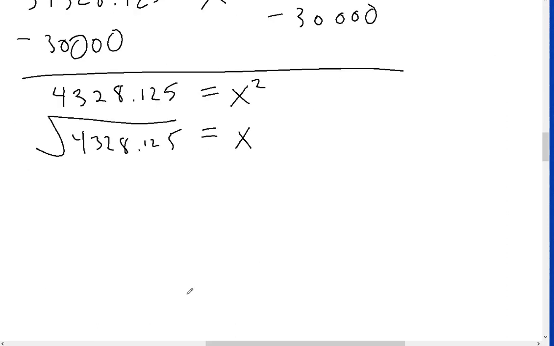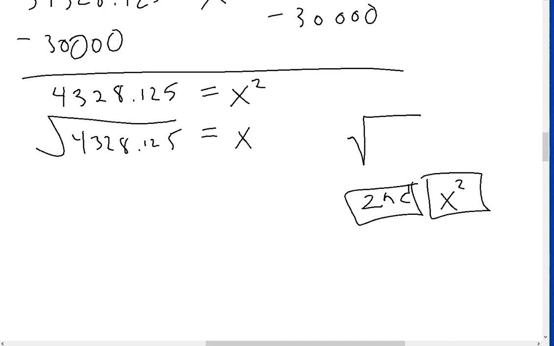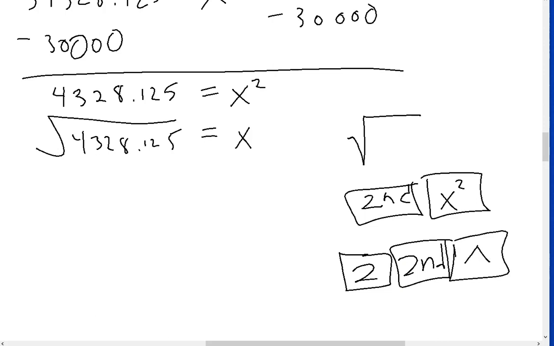The square root, and by the way, square root is 2nd X squared. Or you can do 2 second caret key, just like you did with the cube root. You can do a square root that way. So either one.